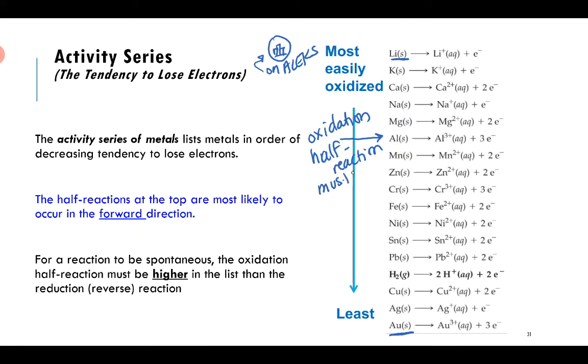It must be higher than our reverse reaction. And so for reduction, you've got to read on the other side. So you've got to find your reduction half reaction by looking on the reverse side.